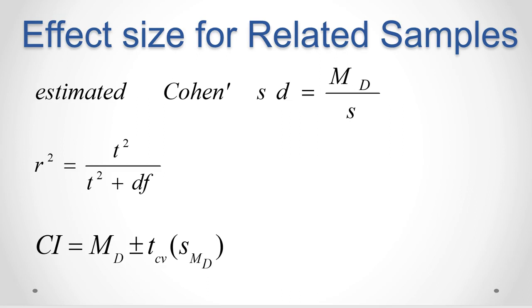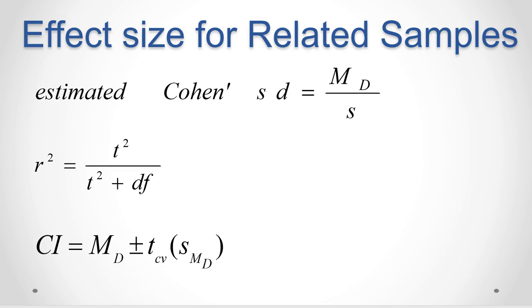Specifically, you can calculate an estimated Cohen's d, or you can calculate r squared to get the percentage of variability in a dependent variable explained by the independent variable or by the treatment effect. When estimated Cohen's d is used with related samples t-tests, we place the mean of the difference scores in the numerator and the sample standard deviation of the difference scores in the denominator.